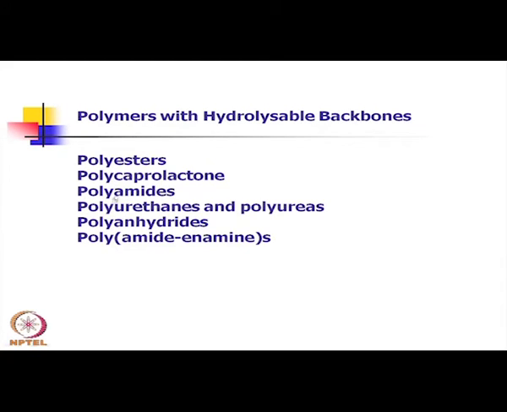Now, let us see examples of polymers having hydrolyzable backbones, which can be degraded by hydrolysis. So, these are polyesters, polycaprolactone. This is another kind of synthetic polyester made from epsilon caprolactone by ring opening polymerization. Polyamides have peptide linkage, the same linkage as in proteins.